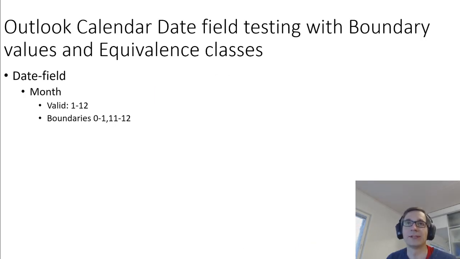Let's look into an example of applying boundary values and equivalence classes with Outlook calendar date field testing. So we have already established that for the month, the valid numbers are from 1 to 12, and the boundaries would then be 0 and 1 and 12 and 13.